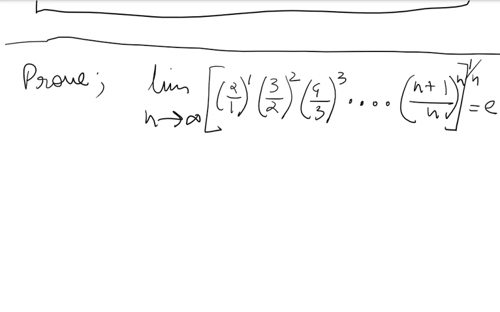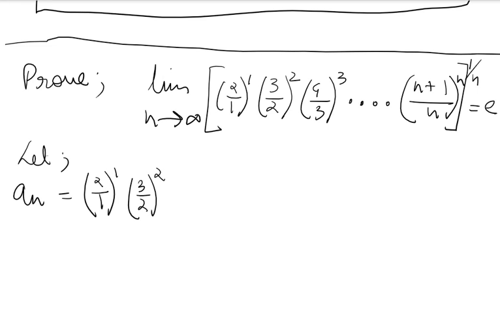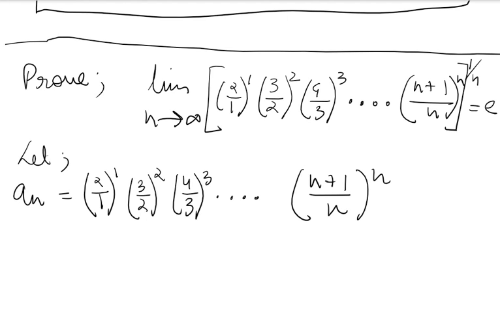So let's start. Let a n be equal to 2 by 1 to the power 1, 3 by 2 to the power 2, 4 by 3 to the power 3, and so on, up to n plus 1 divided by n to the power n.